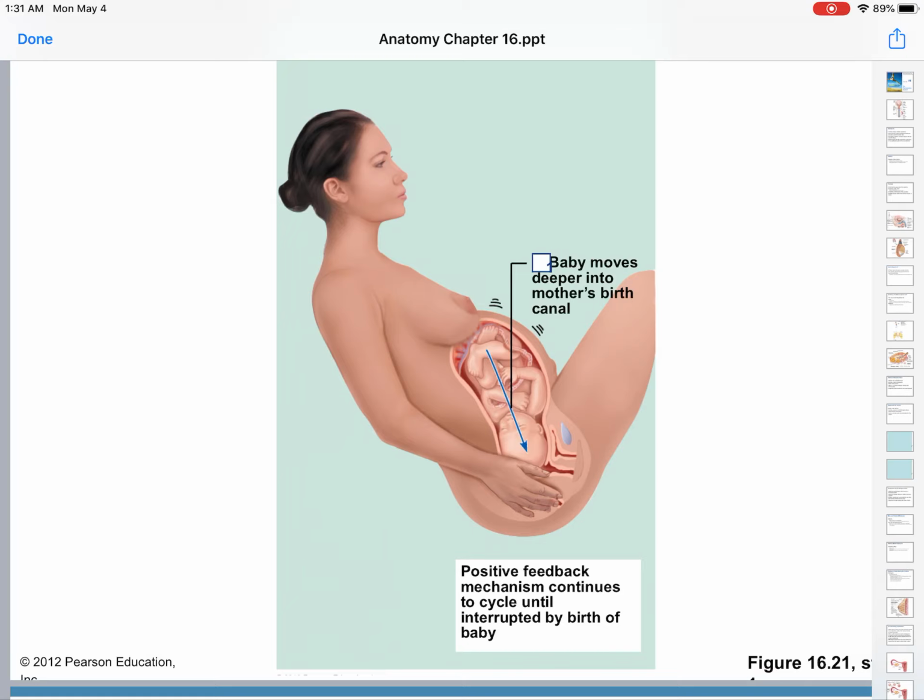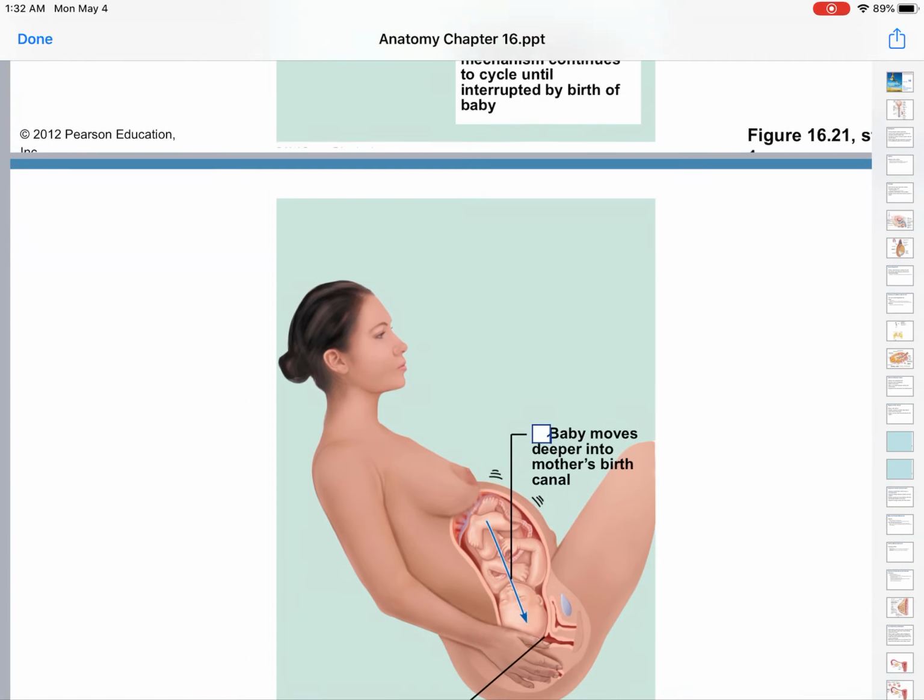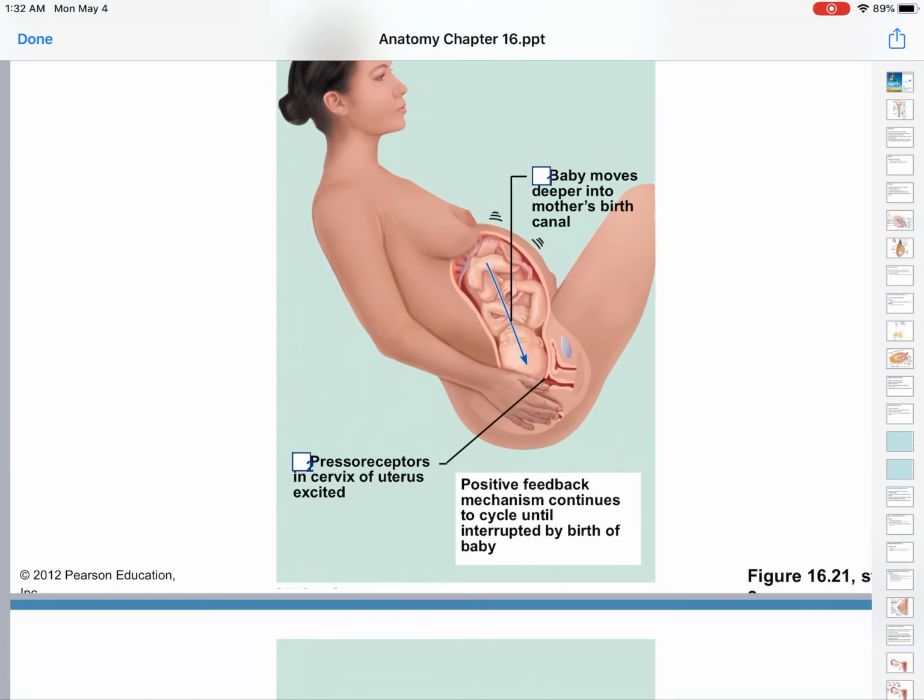So, first, the baby will move deeper into the mother's birth canal after these contractions that we've talked about before, to move the baby, because you want head first. Once you have moved it there, it will move deeper into the birth canal. It will start entering the cervix.